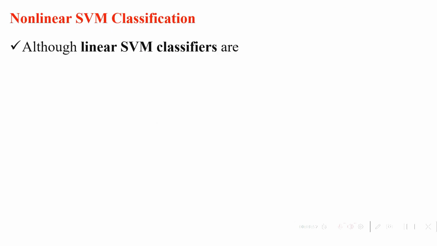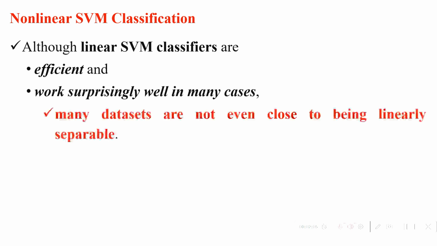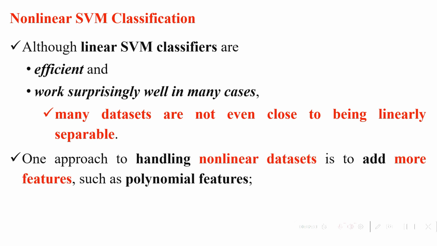Although linear support vector machine classifiers are efficient and work surprisingly well in many cases, many datasets are not even close to being linearly separable. One approach to handle nonlinear datasets is to add more features, such as polynomial features.